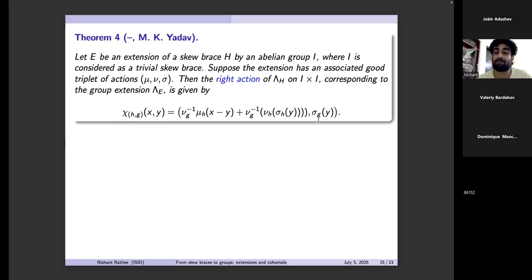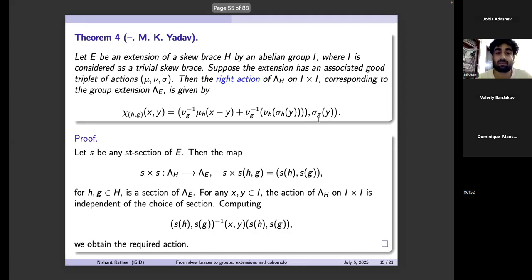Suppose you let S be a set theoretical section of the skew brace extension E, then you can easily see that this S cross S is a section of the corresponding lambda groups, where this S cross S is defined by the coordinate map S cross S at (h, g) equal to (S h, S g). Then to compute the extension action of the group extension, we need to calculate this conjugation.